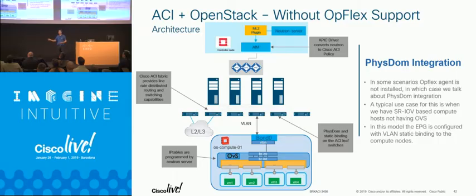So how does the Open vSwitch have the right policy enforcement? Well, you're using the standard Neutron OVS agent, right? So the Neutron server will talk with the Neutron OVS agent and will program eventually the policy directly, right? So this is the model where you don't have the OpFlex agent.